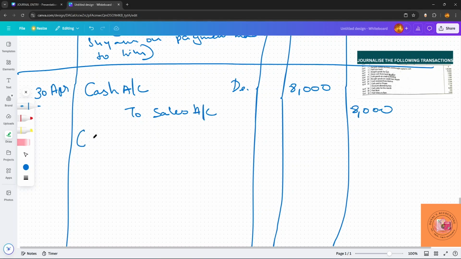So, we will credit. What is the rule for a nominal account? Debit all expenses, credit all gains and revenue. So, that is why sales account will be credited. Being the goods sold for cash.